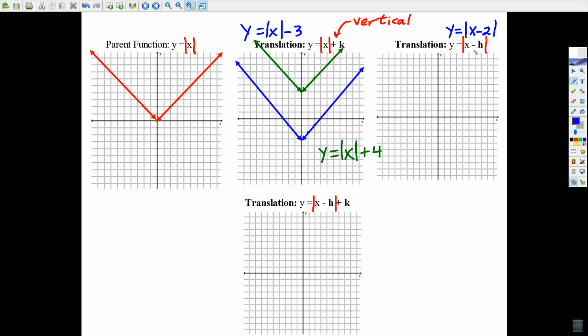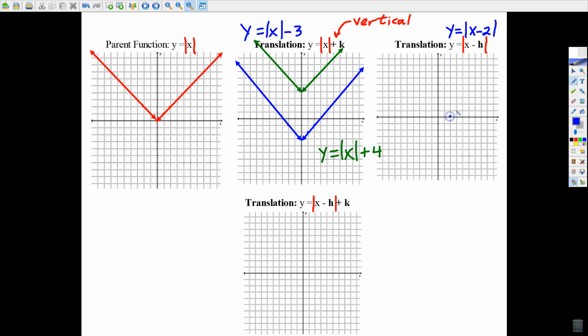So if I'm thinking left or right movement, and I have a positive number, it makes sense that I'm going to be moving to the right. Agree? So this represents a translation of the original parent 2 places to the right.